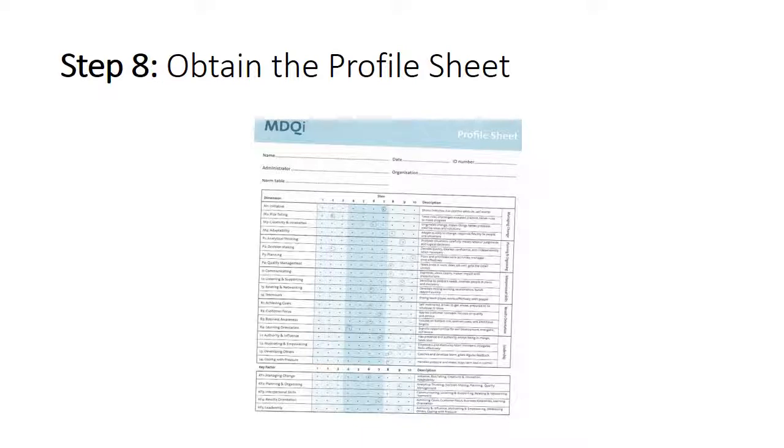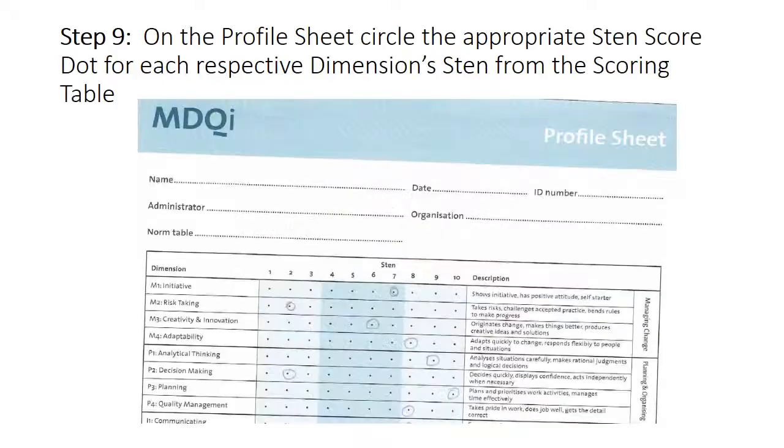There's some other information on this sheet, but we'll make note of that later. Right now, please make sure that you have the profile sheet handy, and that you have your scoring table that you just completed ready for moving on to step 9.